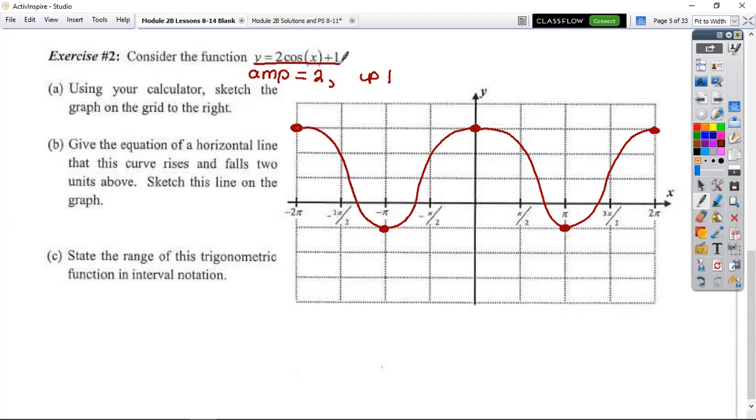Put a color coordinate again so I don't have to label. So now it says to give the equation of the horizontal line. So the horizontal line is referred to as your midline. So I'm going to take another color. And my horizontal line is going to be right here, the 1. I'm going to go right through this. And there is my midline value. Okay.